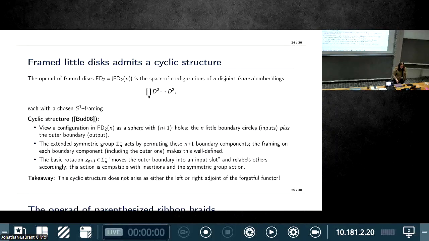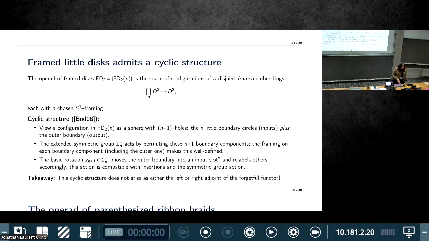This is the space of configurations of n disjoint disks embedded into a disk, where I do this by either translation or rotation or rescaling, right? So I have a framing. I'm actually choosing a rotation. So I'm basically picking a base point on the disk. Now this thing, well, it's not a cyclic operad. It's an operad, but it admits a cyclic structure. In fact, it can admit probably multiple ones, but there's one that's well known due to Getzler.